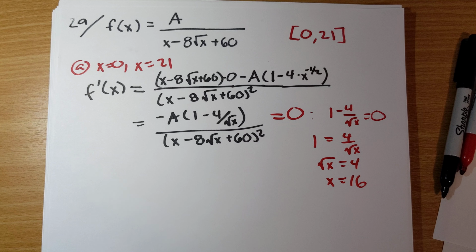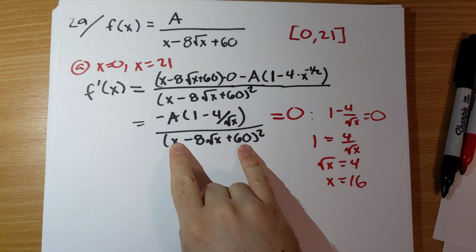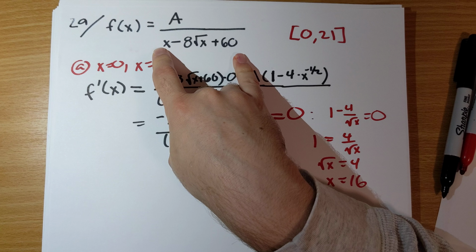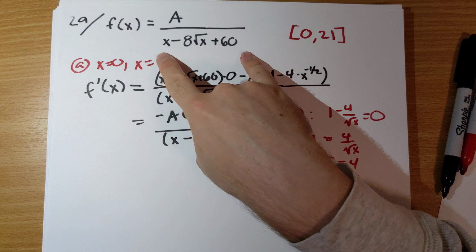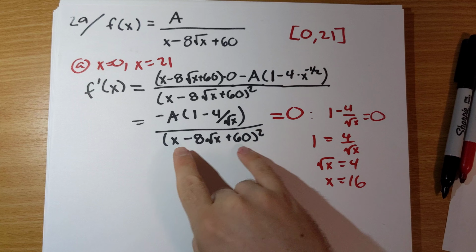Now we also have to worry about the denominator being 0, meaning the derivative is undefined. But there's a catch. The denominator is just the square of the denominator of f. We are already told that the domain of this function is 0 to 21 inclusive.